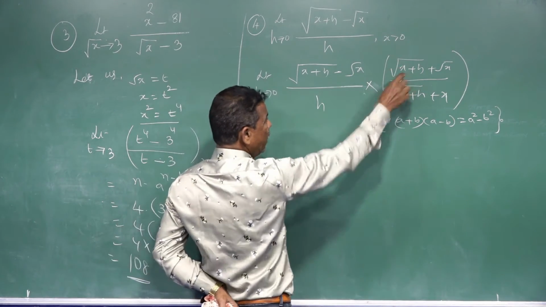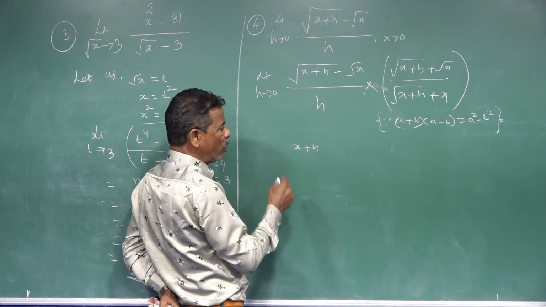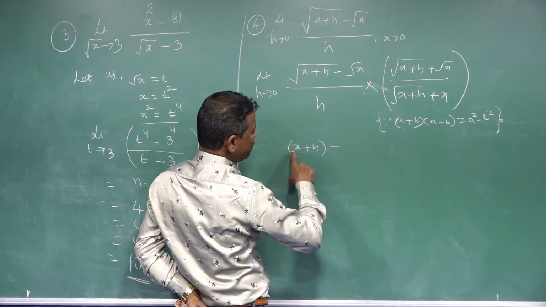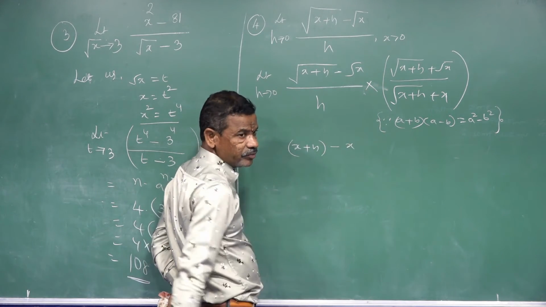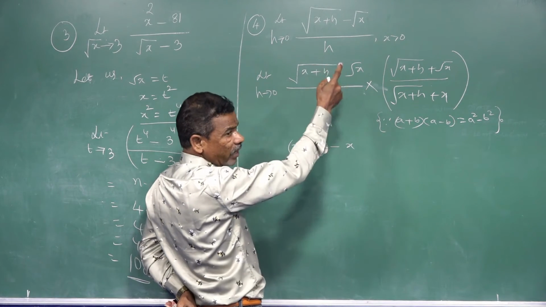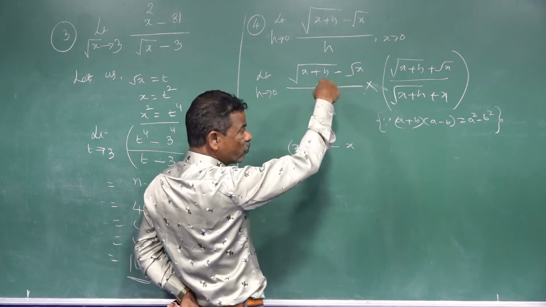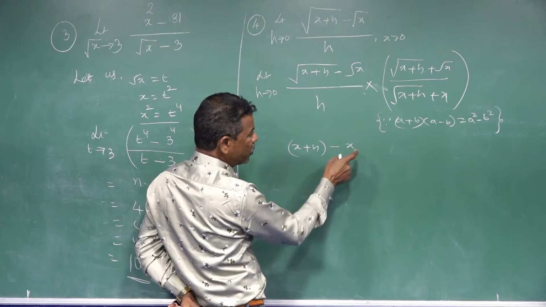So this numerator will come x plus h, root square is positive, minus b square. Here a square is root x plus h whole square, root and square cancelled. B square, root x square, root cancelled. So this is a square minus b square.